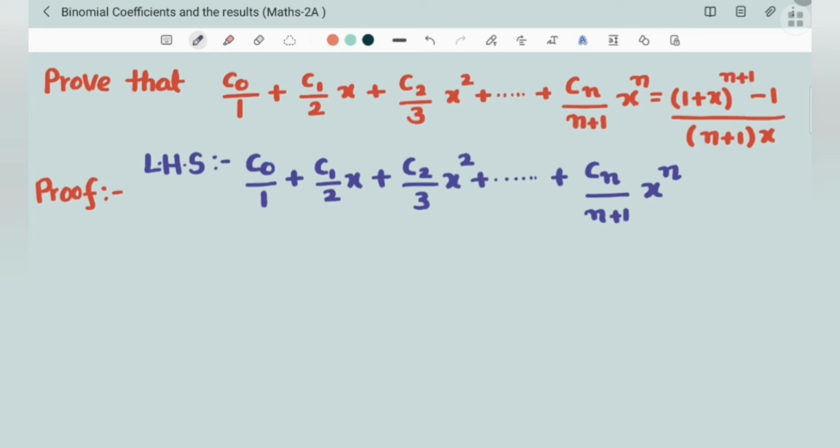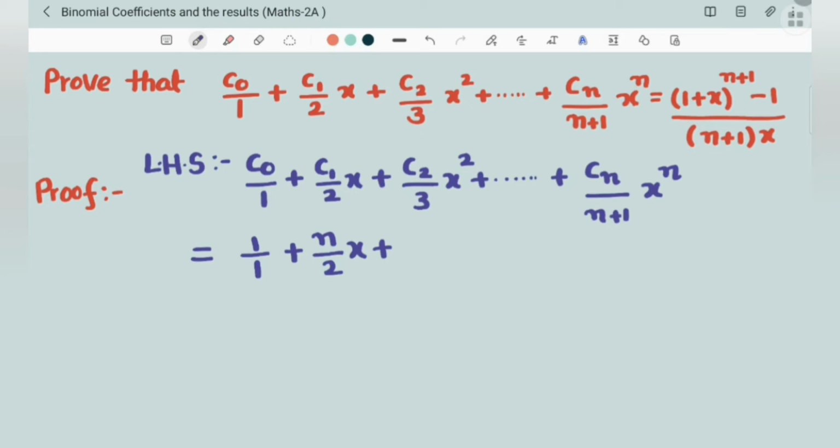We know that C0 means NC0. NC0 value is equal to 1. So it is equal to 1 by 1 plus NC1. NC1 means n divided by 2 into x. NC2.